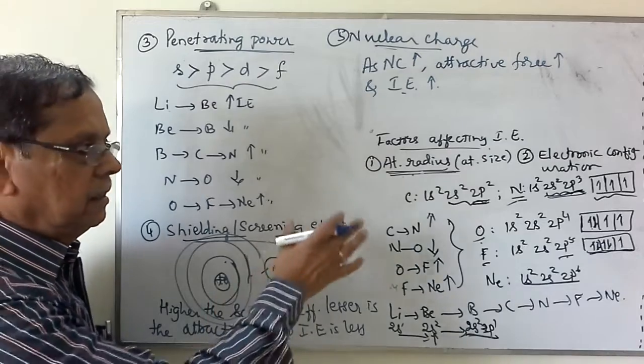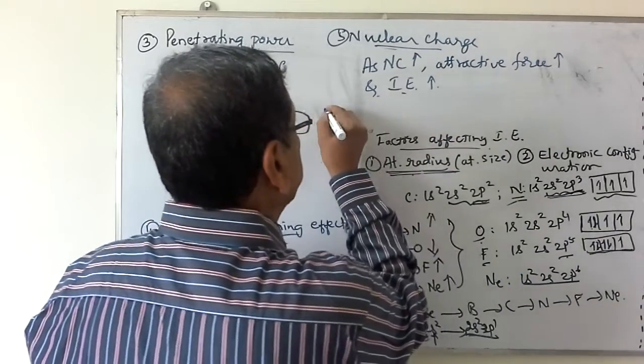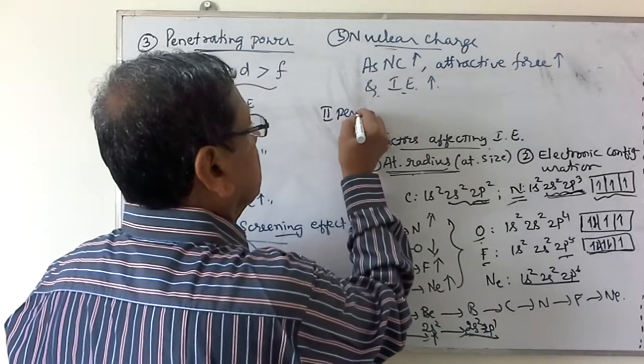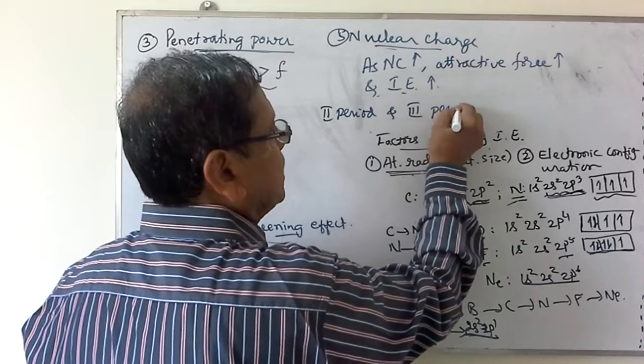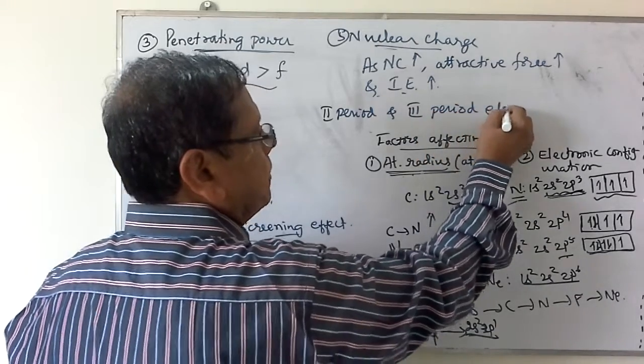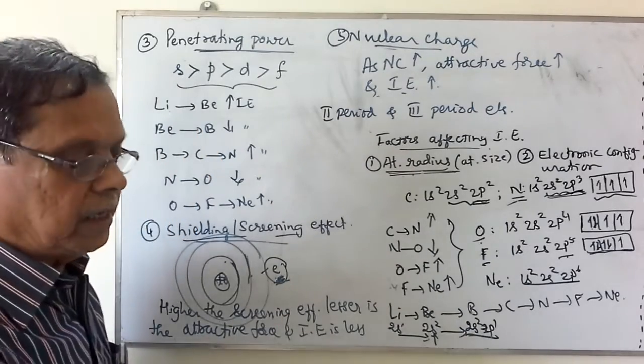I will write the graph a little for the second period and third period elements. This graph can be indicated for these two periods of elements.